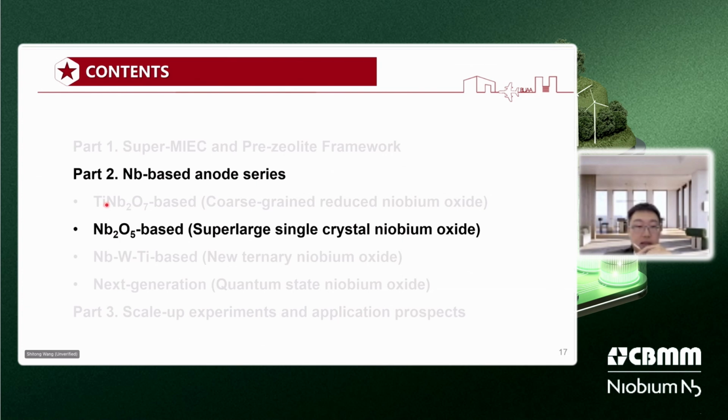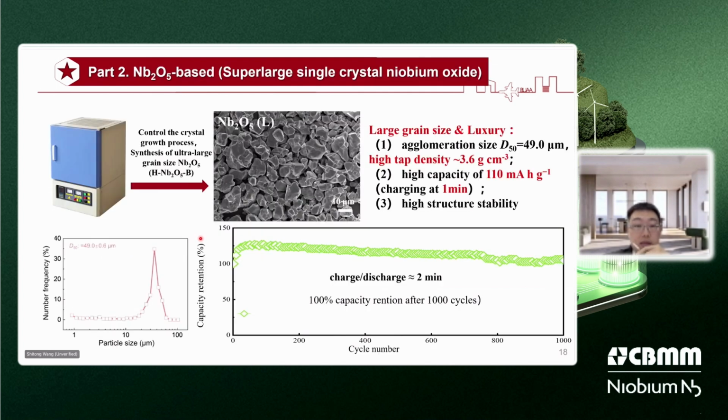Okay, let's then talk about the niobium-based oxides, which are quite common materials, but we make the materials with super large single crystals. Since the ionic conductivity is not the rate limiting step, we synthesized super large single crystal niobium oxide, which has been one of the largest particle sizes in niobium materials.